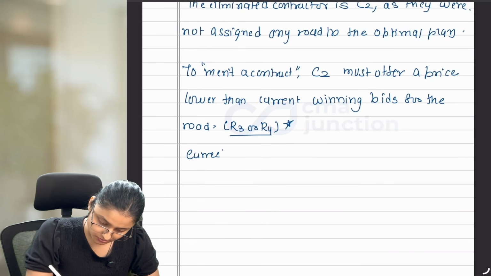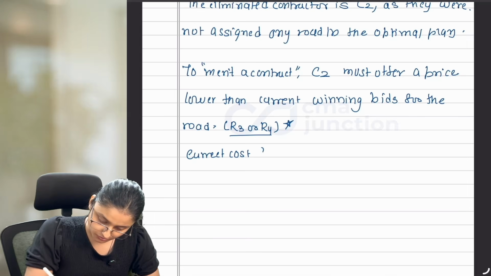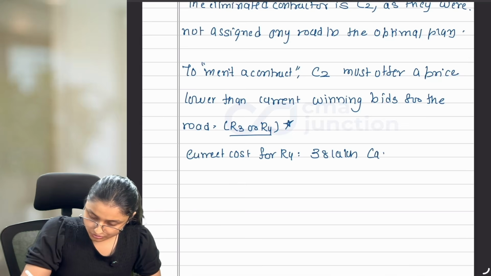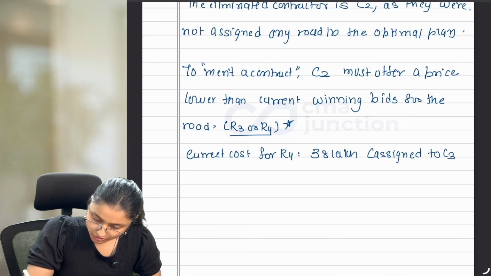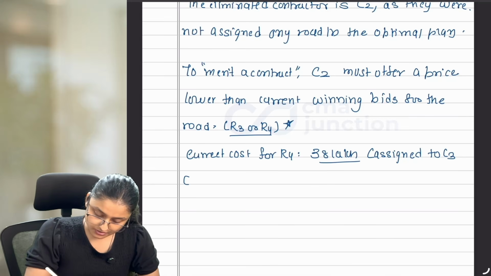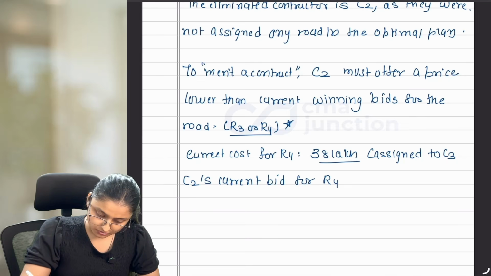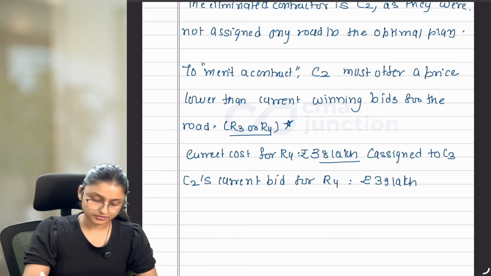Current cost for R4 is 38 lakhs, assigned to C3. If we assign R4 to C3, we have a cost of 38 lakhs. And C2's current bid for R4 is rupees 39 lakh. So what is the reduction which C2 has to give? 1 lakh is the reduction.